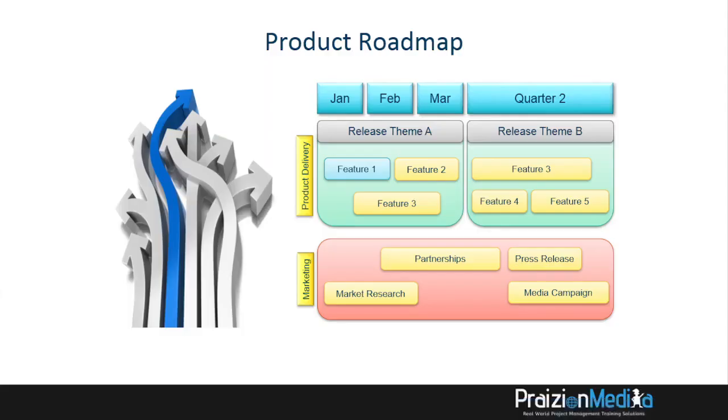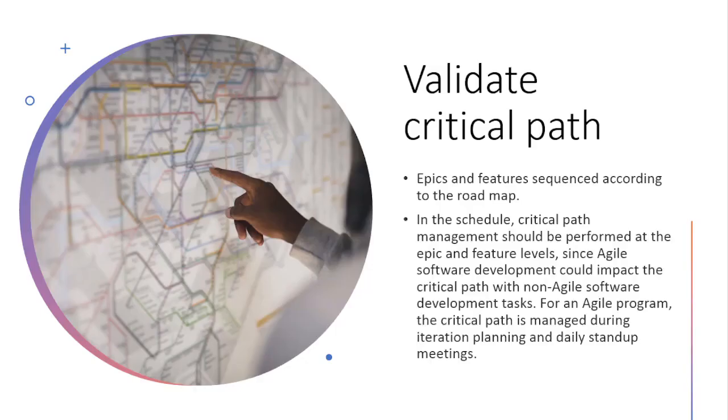A lot of times we would schedule work in a product roadmap. So, how do we take the concept I showed you in the very beginning and change that into a more agile way of thinking? How do we do things like validating the critical path in the world of Agile? You just do it at the higher level I showed you. Epics and features are higher level chunks of work.